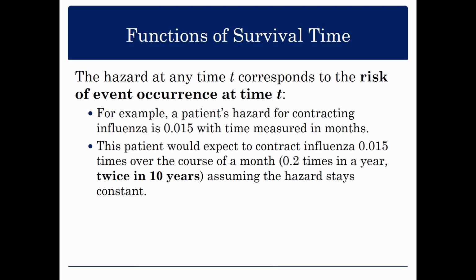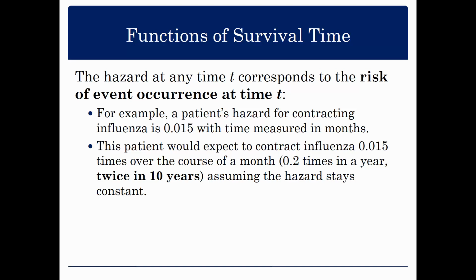What's interesting is how we interpret the hazard. The hazard, again, corresponds to the risk of the event occurring at time t. For example, if I'm doing a study and I'm measuring through survival analysis techniques cases of influenza, and I calculate a hazard in this population of 0.015.